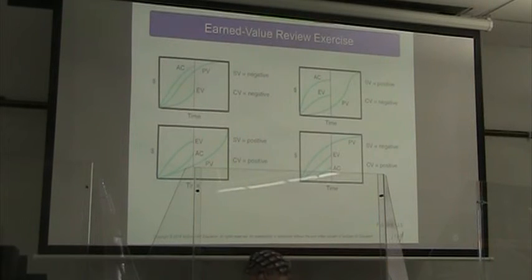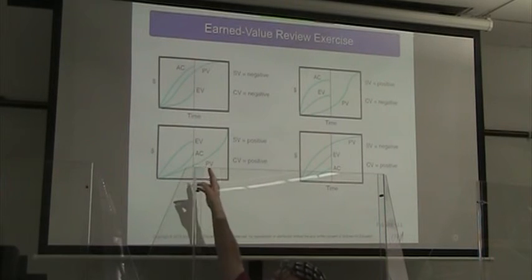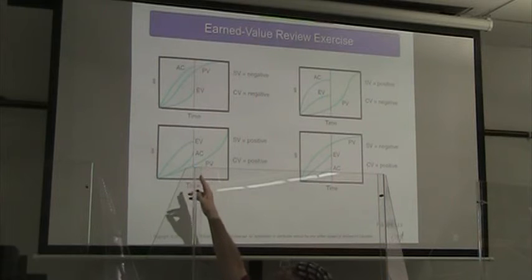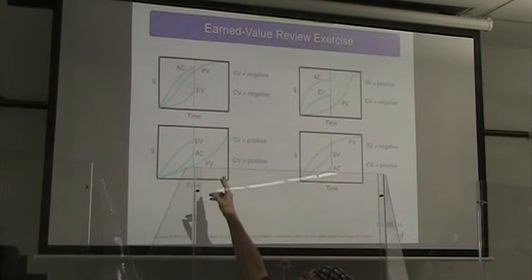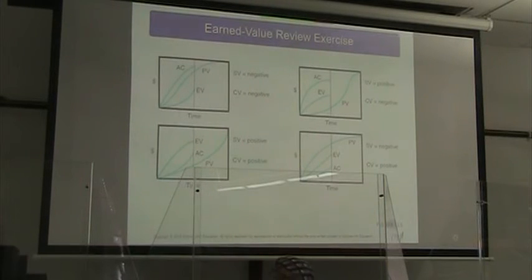All right, so here we see 4 different views of how those 3 elements can interact. In our upper left-hand corner, I should have checked before to make sure the lines are coming out on the projector.